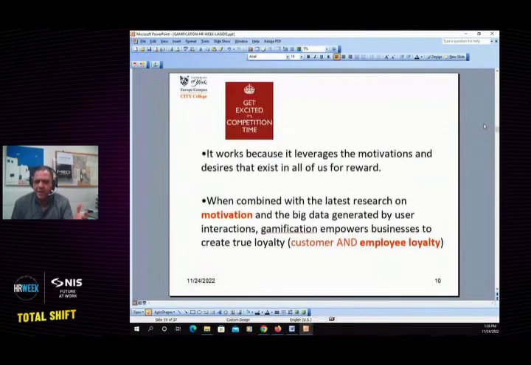So it works because it leverages the motivations and the desires that exist in all of us for some kind of reward, or some kind of extra reward other than our salaries, our commissions and our bonuses. When combined with the latest research on motivation and the big data generated by user interactions, gamification empowers our companies to create true loyalty, customer-wise, but of course, most importantly, from our employees.